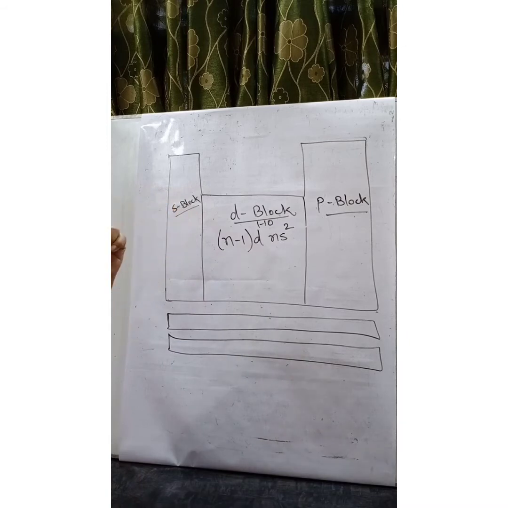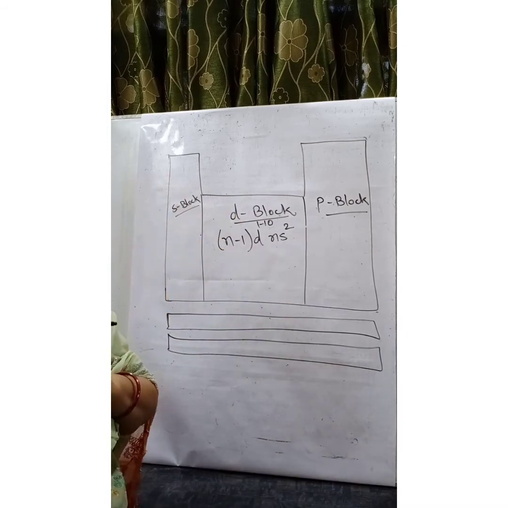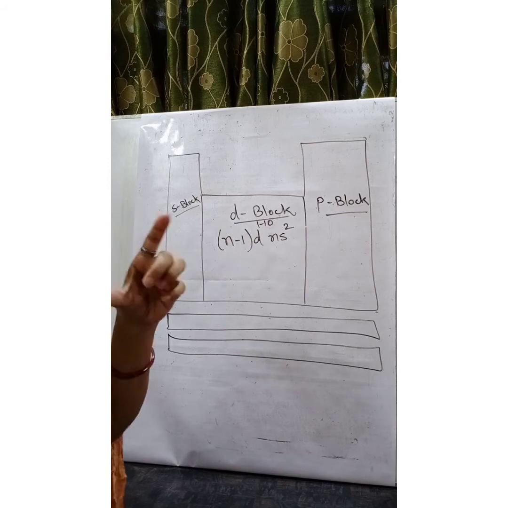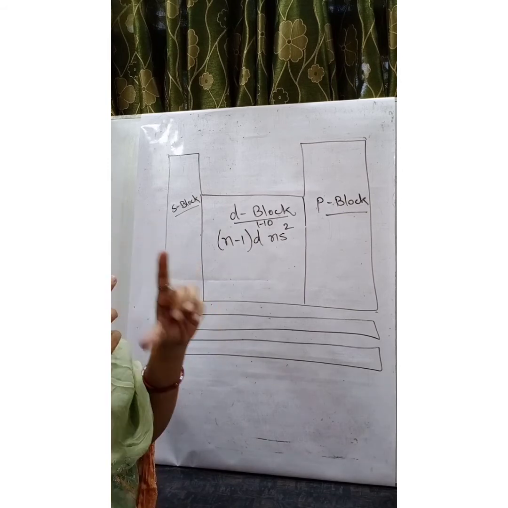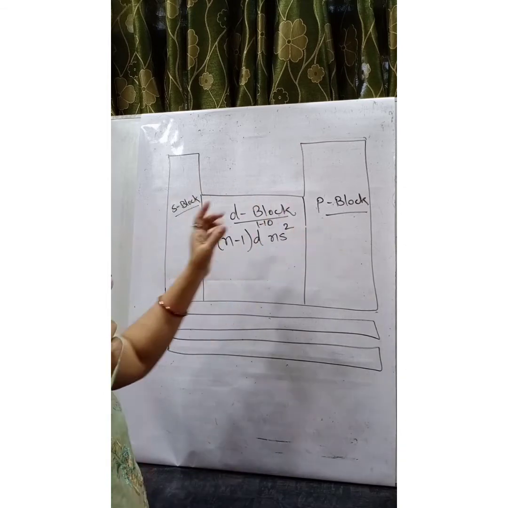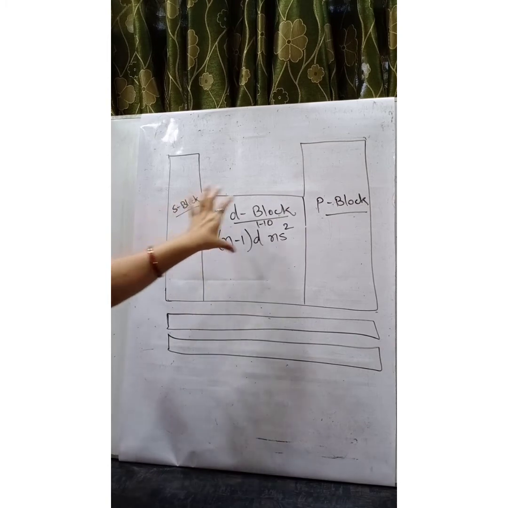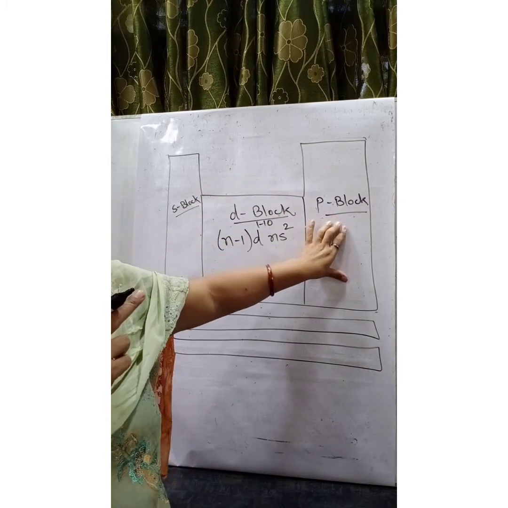The D block elements which have incompletely filled d orbitals are known as transition elements, right? The word transition is used because they show transitional behavior between the ionic S block and the covalent P block elements.